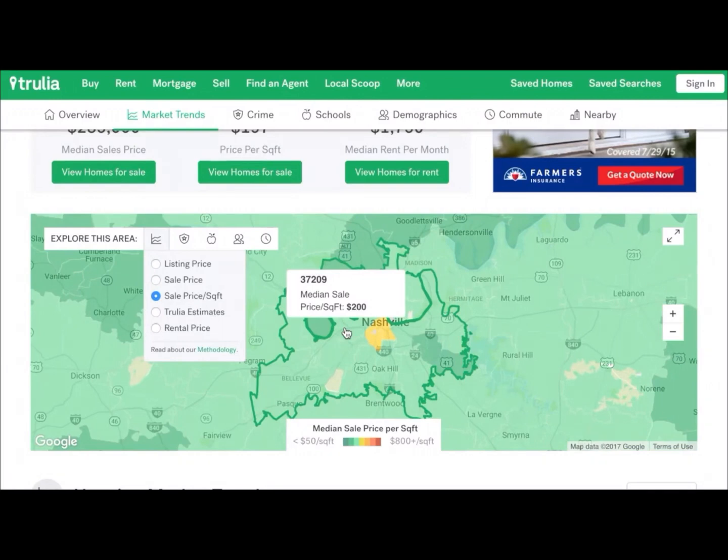So in 37209, it's got a median sale price of 200. If I go up here, look at that, it drops to 95. It's just a different way of looking at how the market changes in Nashville. And we'll come to this in a minute.